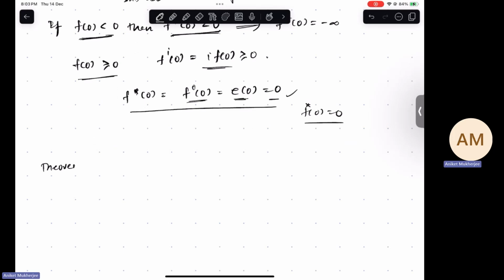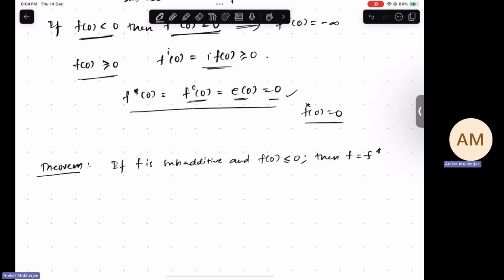So the next theorem: if f is subadditive, I will take a subadditive function, and you have f(0) less than or equal to 0, then f equals f star.